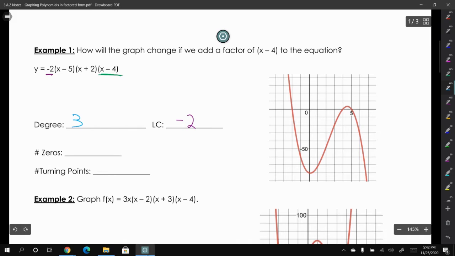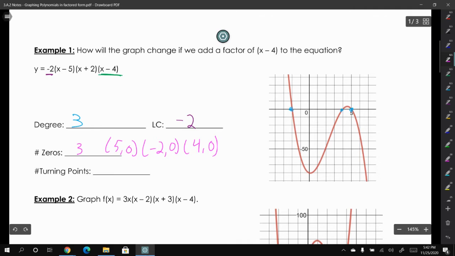Number of zeros, we have 1, 2, 3. And it might be a good idea to start writing these zeros down in intercept form or points. So we have 3 zeros. We have 5, 0, negative 2, 0, and 4, 0.